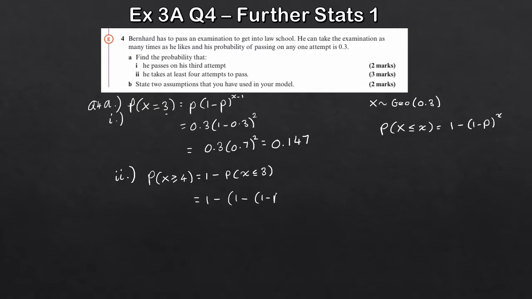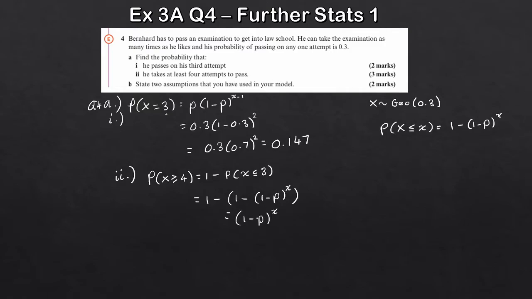If you do 1 minus, and then you've got 1 minus here, that's 1 minus 1, so that'll just be 0. And then you've got minus lots of (1 minus p) to the x. So what we just get left with here is (1 minus p) to the x.